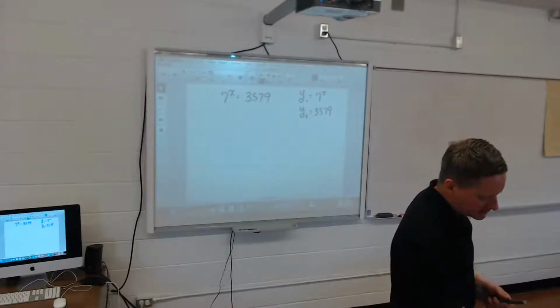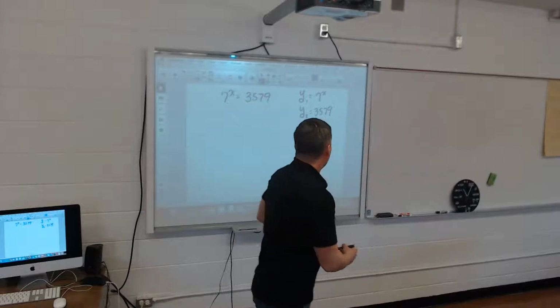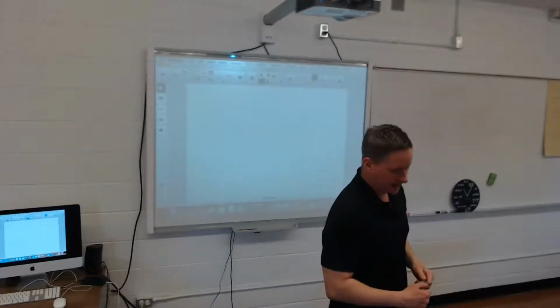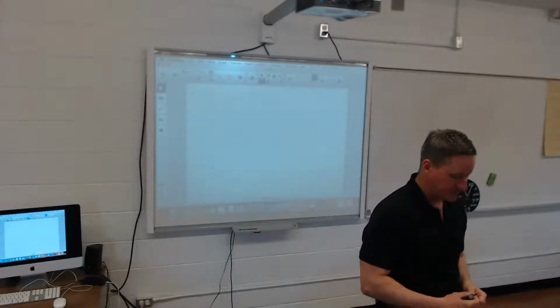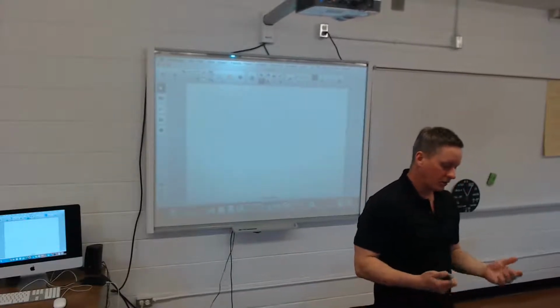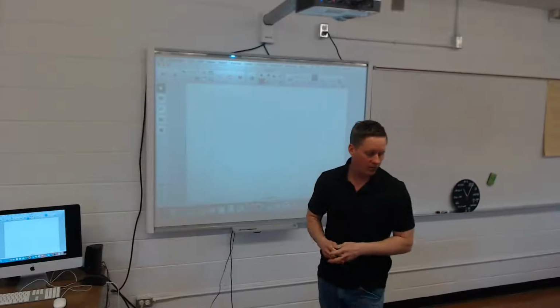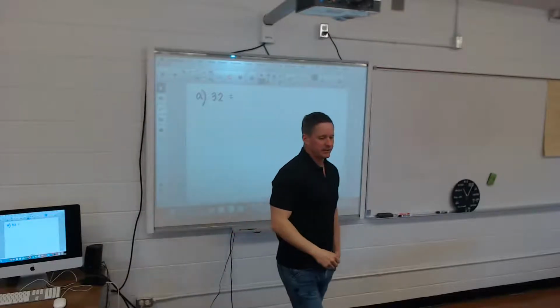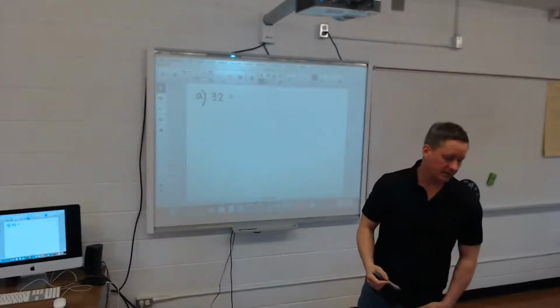So let's go back to page 250. On page 250, they want you to practice writing by changing the bases to a specific base. So looking at working example 1, I've got a, 32. So let's put it to the very basic base that we can possibly write it as.